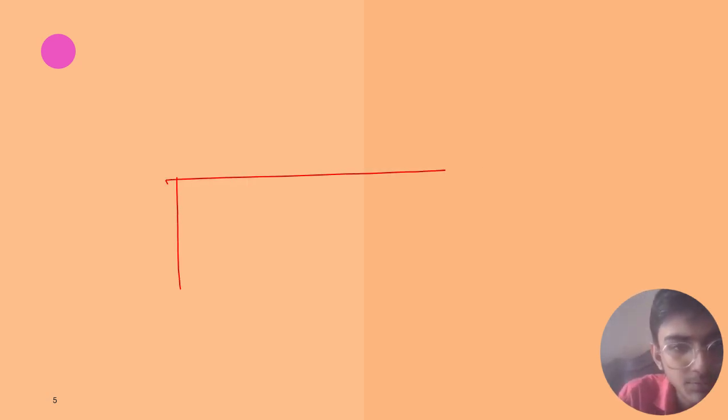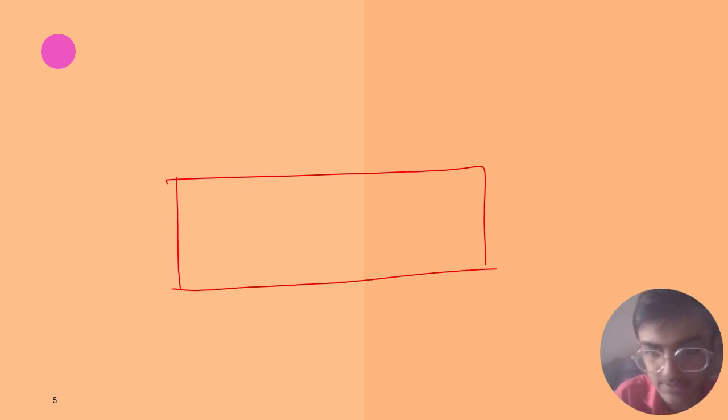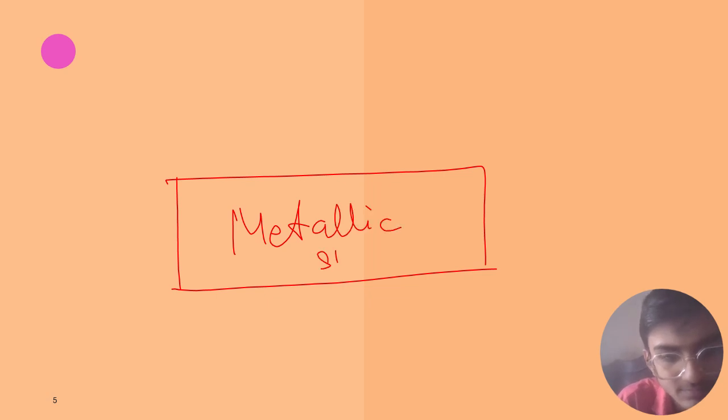Let's discuss it using a simple illustration. Suppose this is a metallic surface, and this metallic surface obviously consists of electrons.